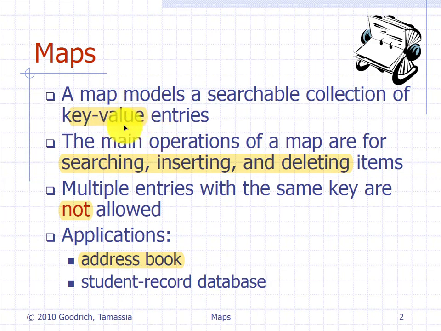And the object of the student is the value. So the object of the student will contain all of their personal information, their marks from first year, second year, third year, and so on. So this is stored in a map. So you can think of maps as a database in this way, using these kinds of applications. If you think of maps as a database, then you've got a way to search for objects in the database, and you search for them by dereferencing a key.